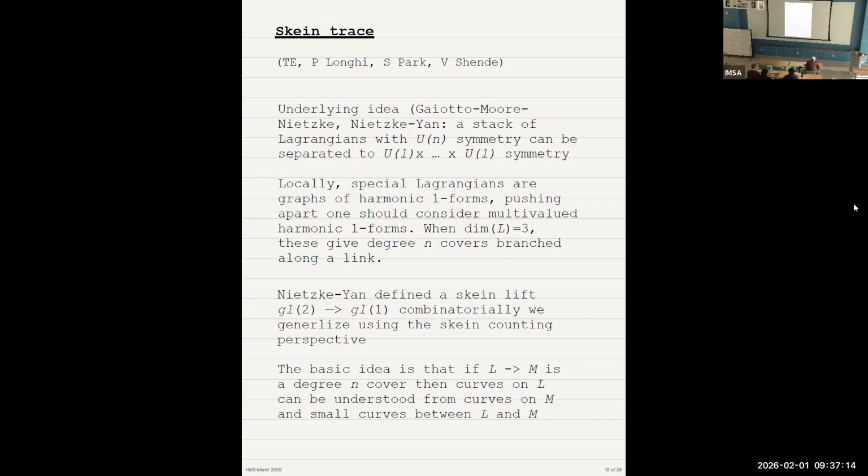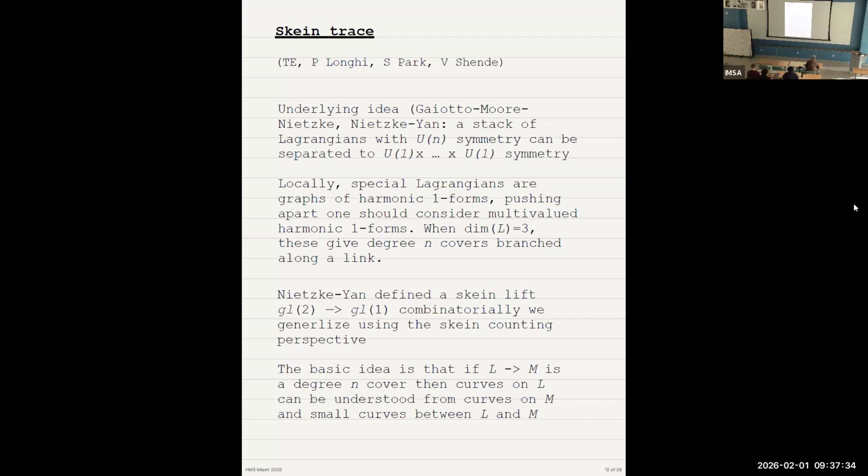In particular, if you now have this Lagrangian as a special Lagrangian, then deformations of special Lagrangians are given by harmonic one forms. You can imagine that maybe the local picture should be a harmonic one form, so you can look at multi-graphs of harmonic one forms.